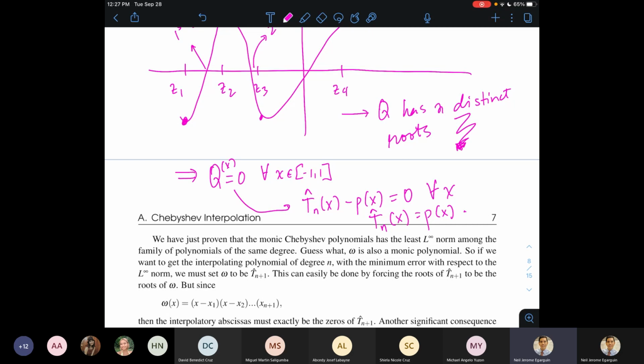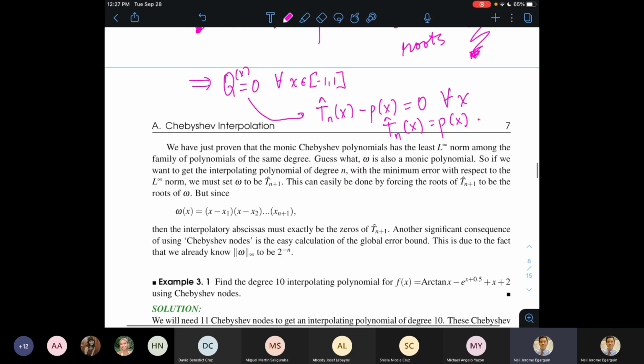And how will it become a Chebyshev polynomial? It will become a Chebyshev polynomial if the abscissas are the roots of the Chebyshev polynomial. Actually, may typo. Yung huling term dapat ay x minus x sub n plus 1.